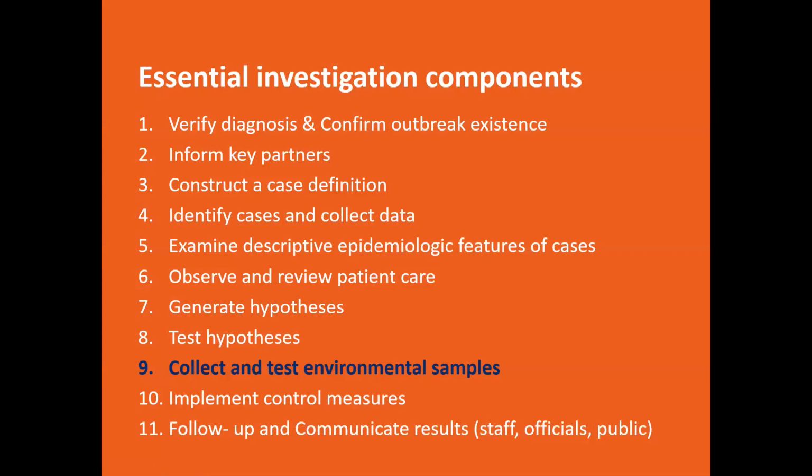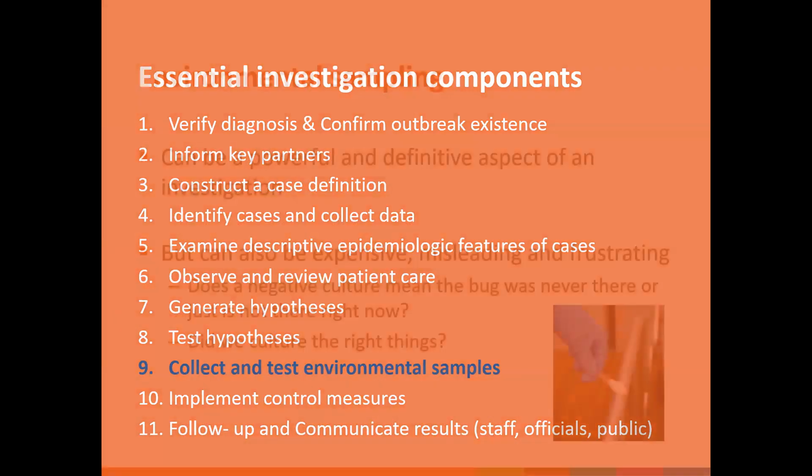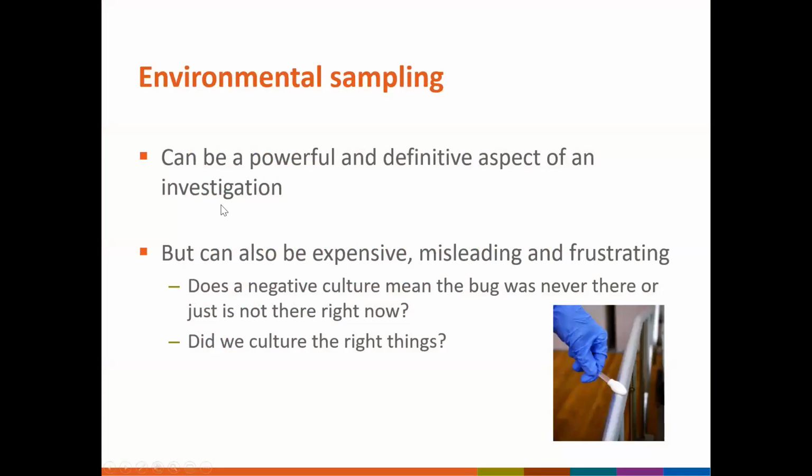Coming to another important step in outbreak investigation: collecting and testing environmental samples. This can be a powerful tool and a definitive aspect of an outbreak investigation, but it can also be expensive, misleading, and frustrating. You have to keep in mind, does a negative culture mean the bug was never there, or just not there right now?